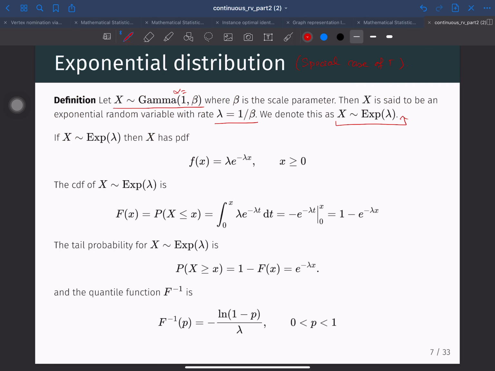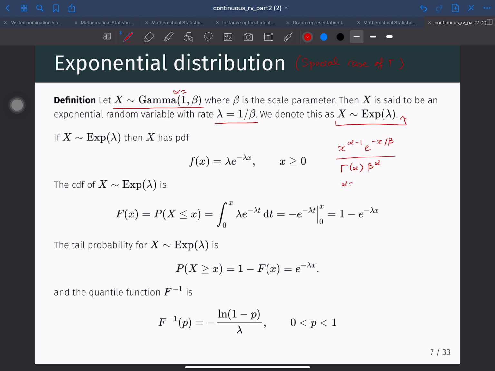Okay, so let's go back to the exponential distribution. The exponential distribution is a gamma distribution with shape alpha equal to 1. In the general gamma distribution, the PDF is x to the alpha minus 1, e to the minus x over beta, divided by gamma of alpha times beta to the power of alpha.